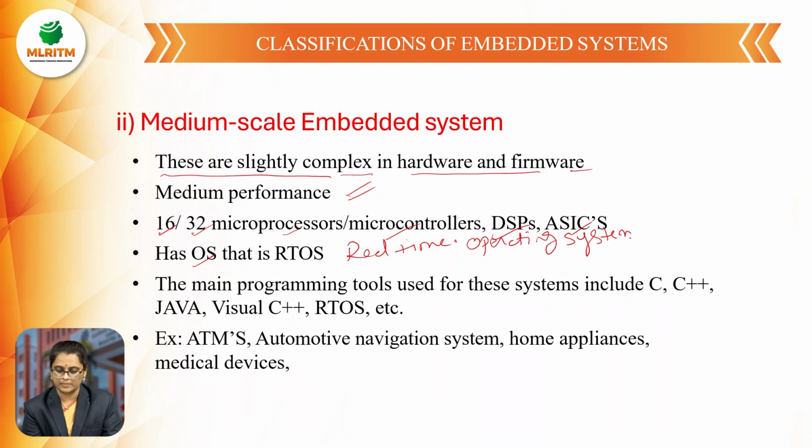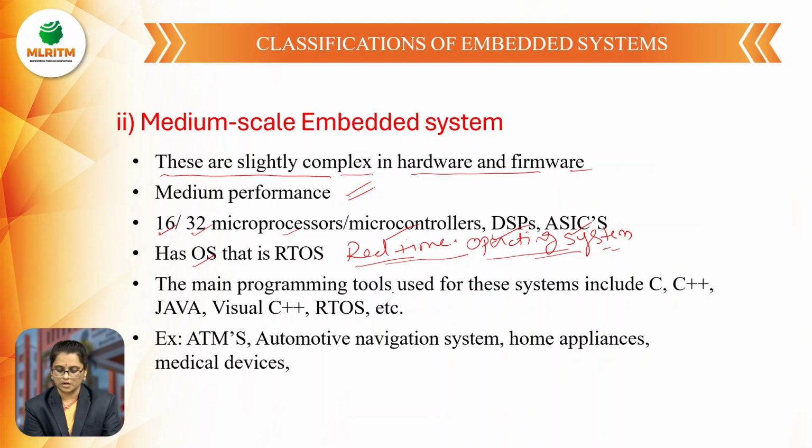In medium scale embedded system, OS is there. That OS should be real-time operating system. In the previous small scale embedded system, it may or may not contain the OS, but here the OS should be there. That OS is real-time operating system.